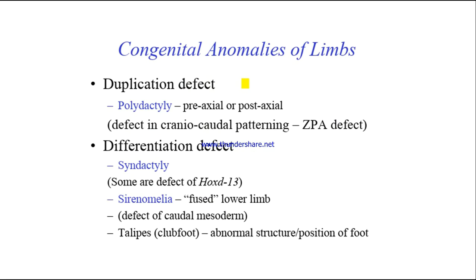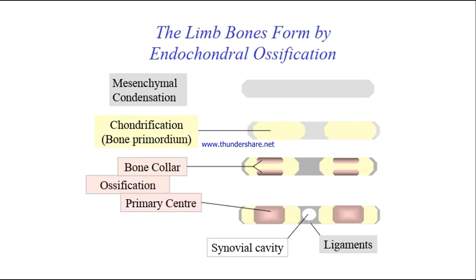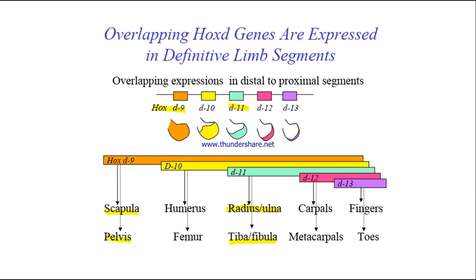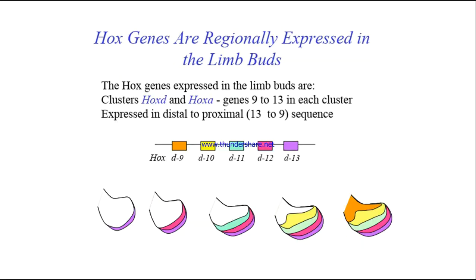Just following on, we have the duplication defects, the polydactyly, preaxial and postaxial, and this is often a defect in the craniocaudal patterning, a ZPA defect, and differentiation defects, syndactyly. Some are defects of the HOXD13, which I'll just go back to quickly to show you where we highlighted that. So here we go.